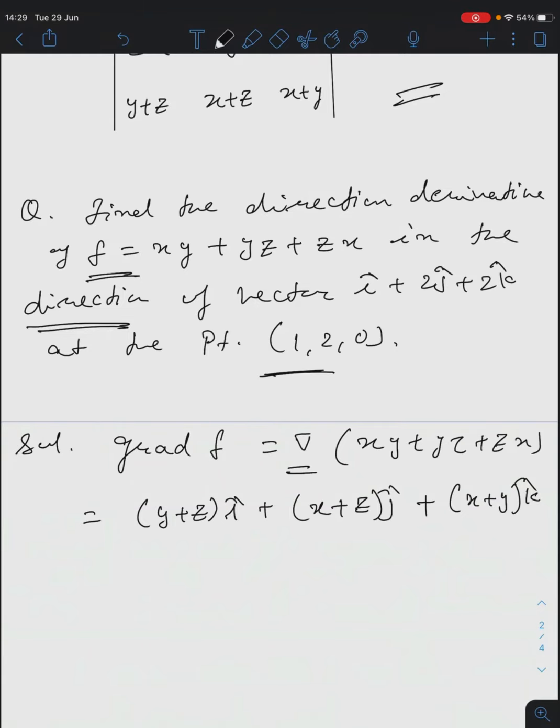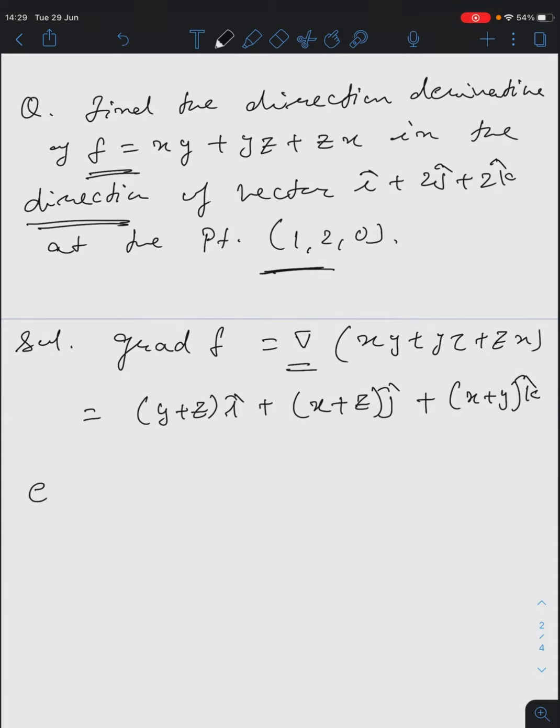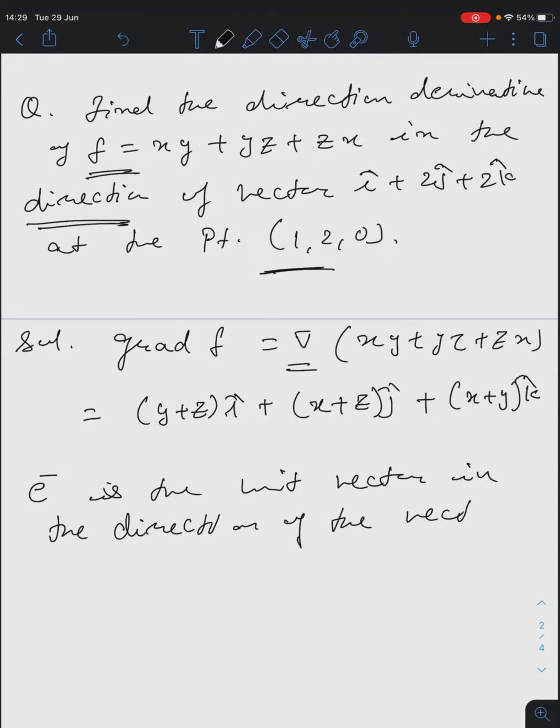Okay. Now you need to calculate e bar. So if you assume e bar is the unit vector in the direction of the given vector, what is that? The given vector is i cap plus 2j cap plus 2k cap.